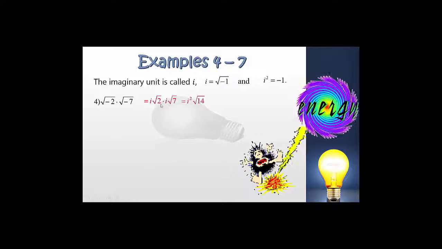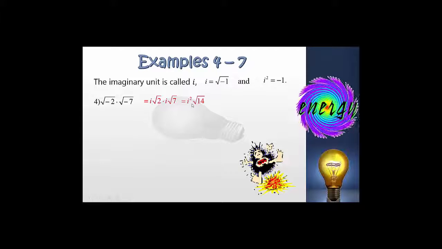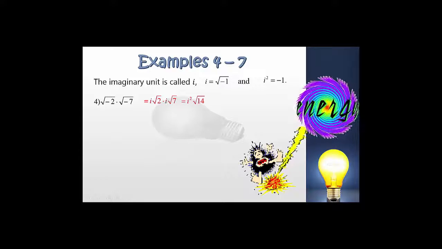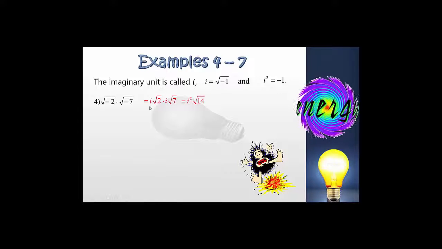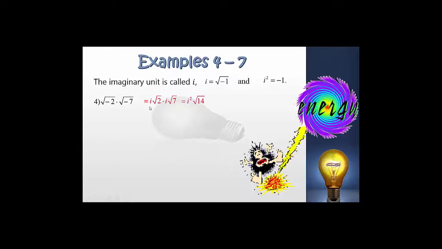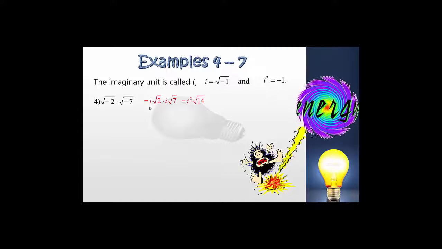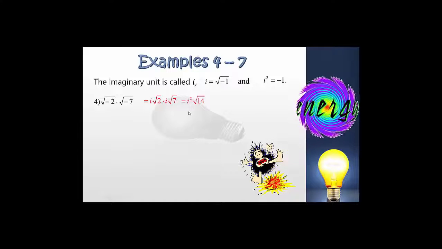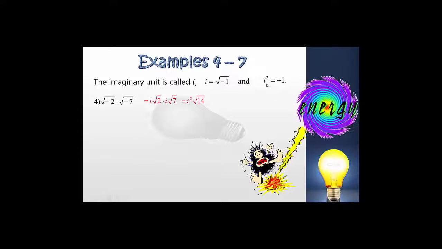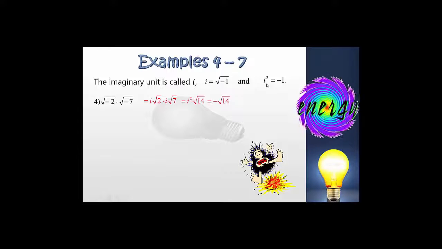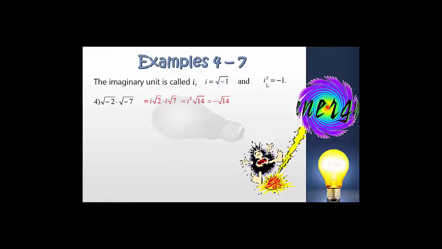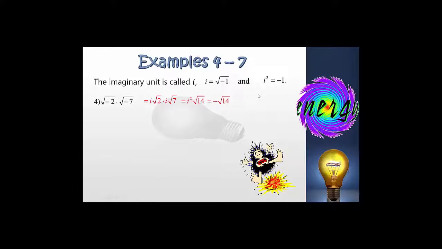Now, i times i is i squared, and then we have the square root of 14, because 2 times 7 is 14, and there's no way of really simplifying the 14 any further, but we must simplify the i squared, and we know that i squared is equal to negative 1. So it's negative square root of 14.